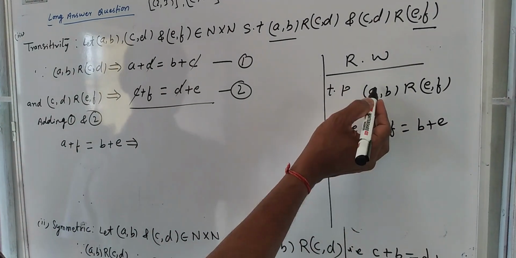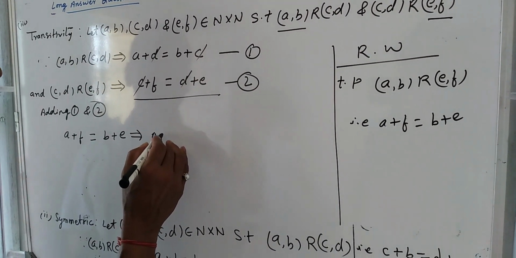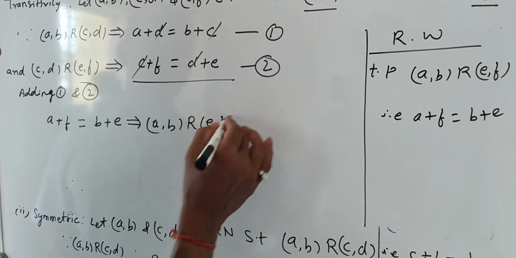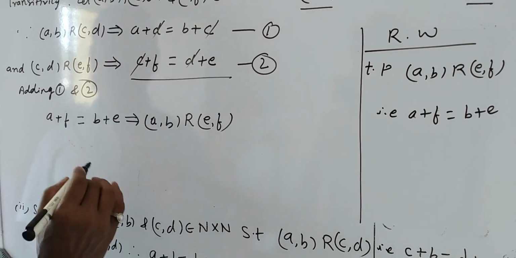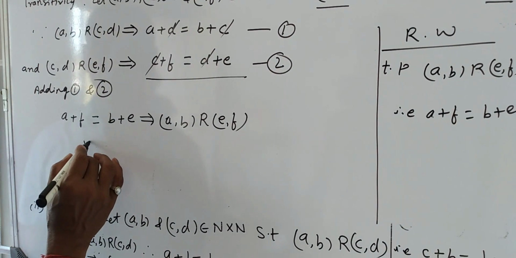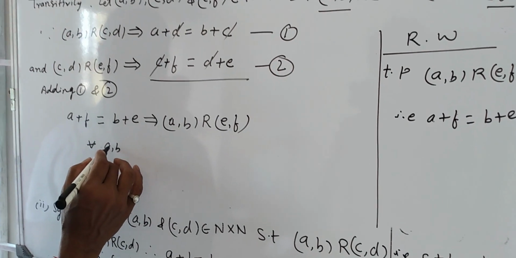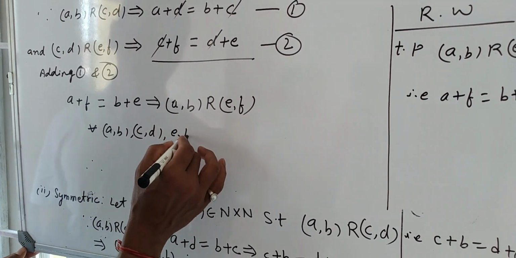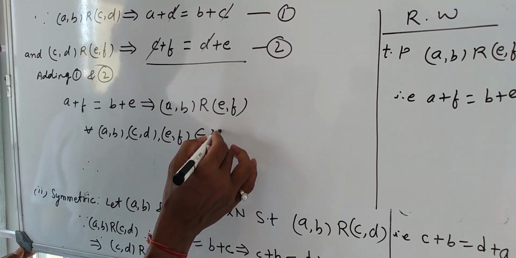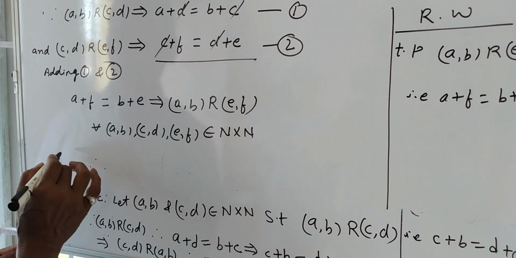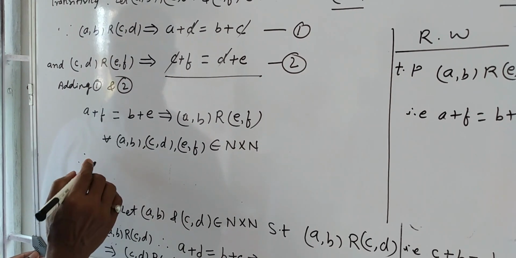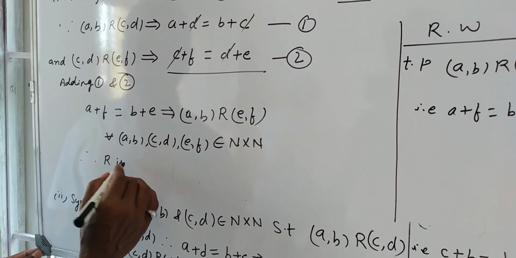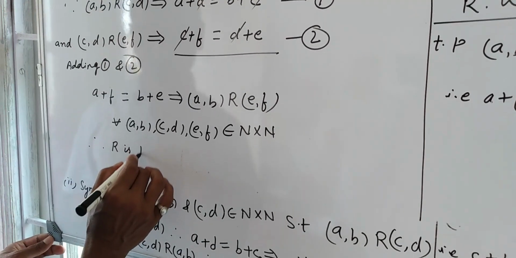That means we can write (a, b) is related to (e, f) for all (a, b), (c, d), (e, f) belonging to N cross N. Therefore, R is transitive.